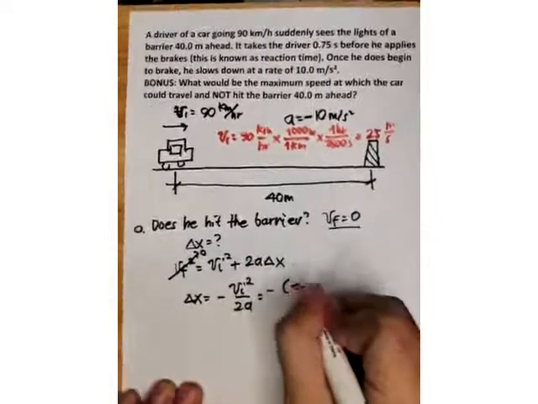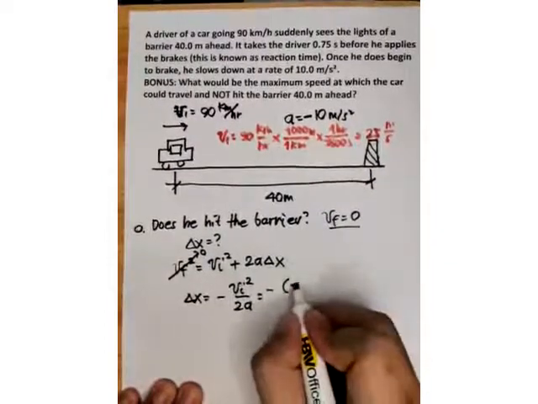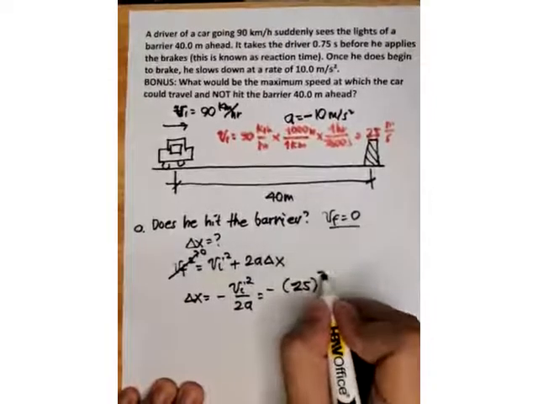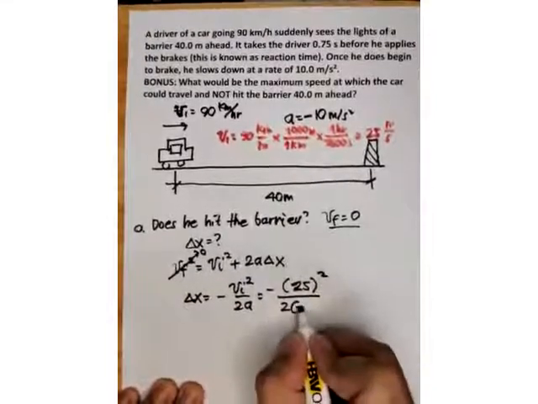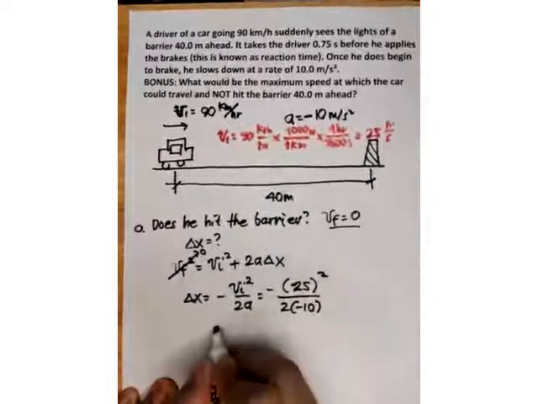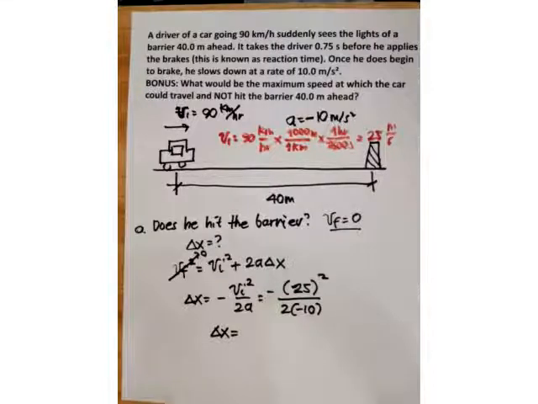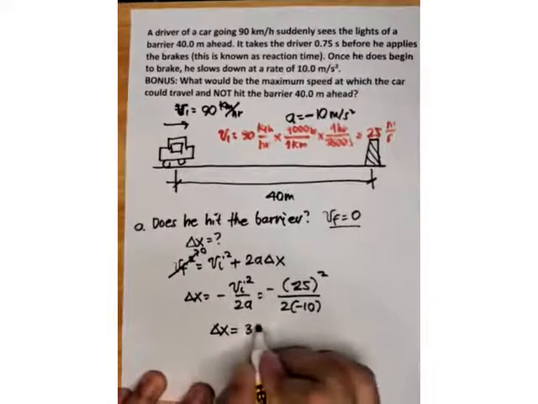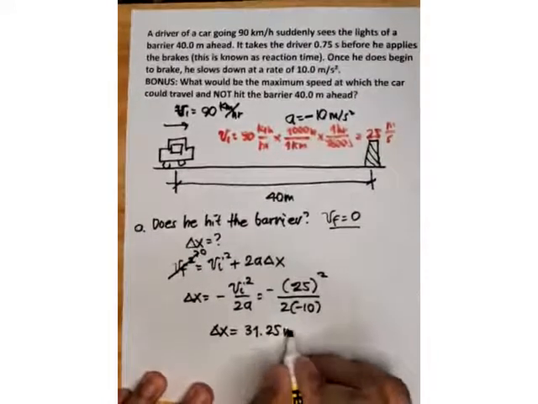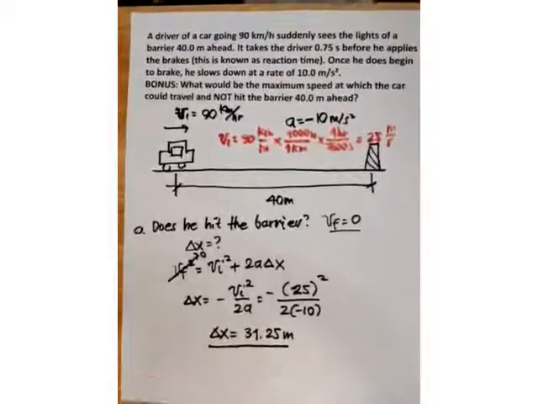So that's 25 meters per second squared over 2 times negative 10. So delta X is equal to 31.25 meters. Ayan.